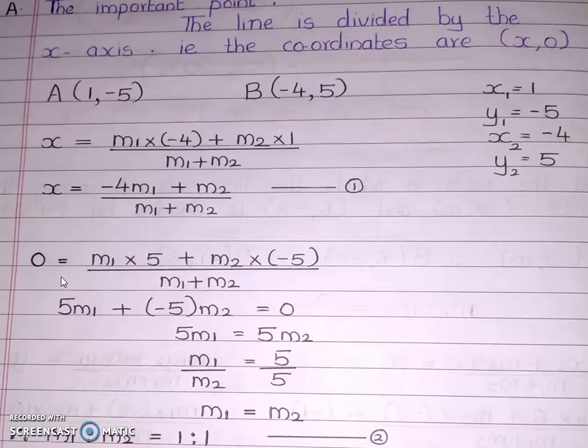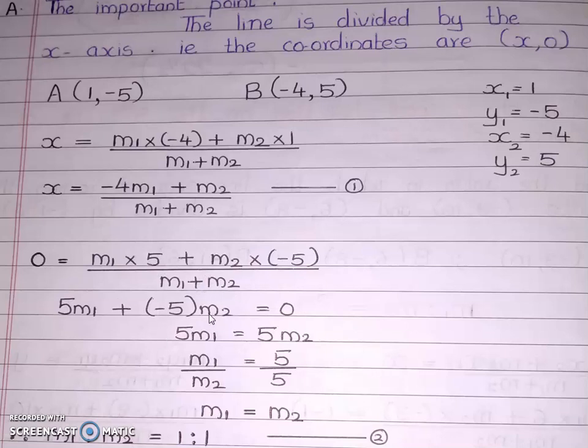Let's see what happens when you use y coordinate. As discussed earlier, the y coordinate here is 0. That's a good thing. Now, substituting the values in the section formula, m1 y2 plus m2 y1 by m1 plus m2.